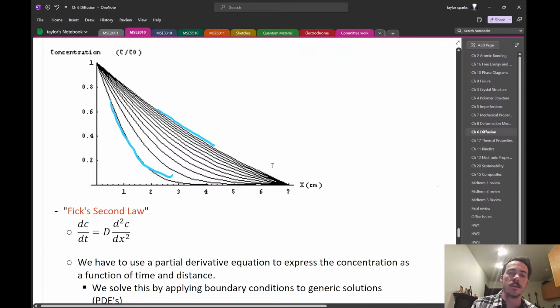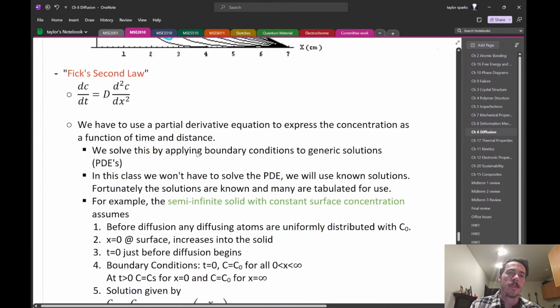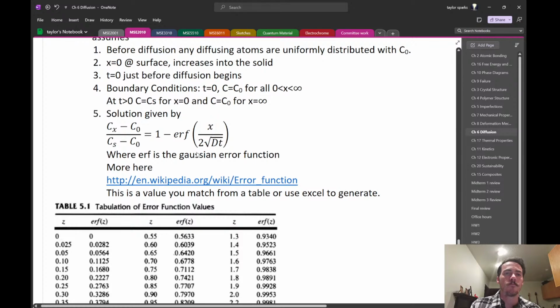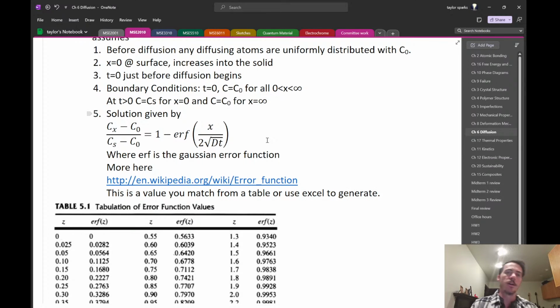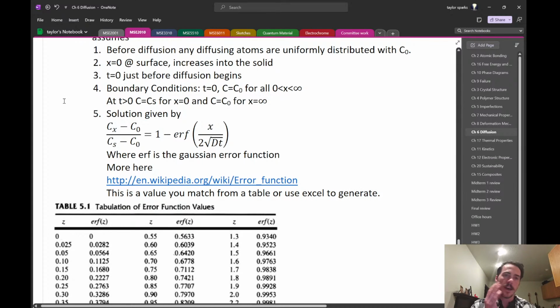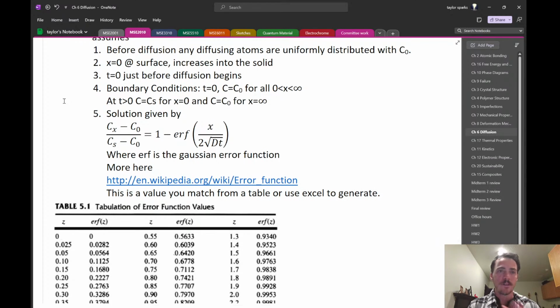But if you're not at steady state conditions, then you still need to know what the diffusion profile will look like. And the way that we do that is with this equation. Now, we talked about in class that this is just one potential solution of the many that are out there. This works for very specific conditions, which are described here, like x equals 0 is your surface. Time t equals 0 is when diffusion begins.